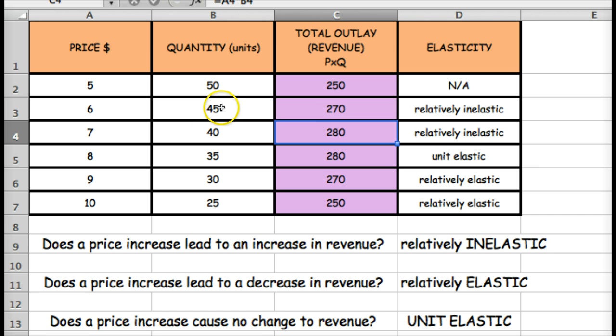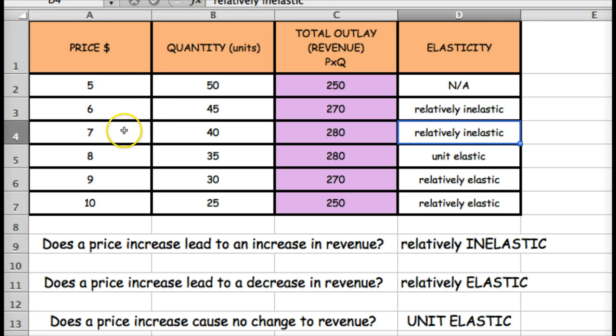Even though we lost 5 in sales, we didn't lose revenue. And even though we've lost another 5 here, we haven't lost revenue. So that means the consumer has not been overly reactive to the price change. And that's probably because there were small increments.